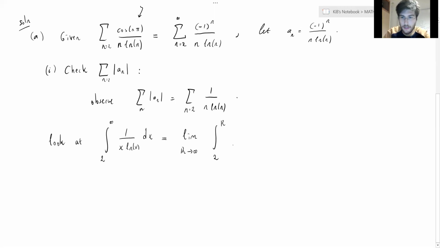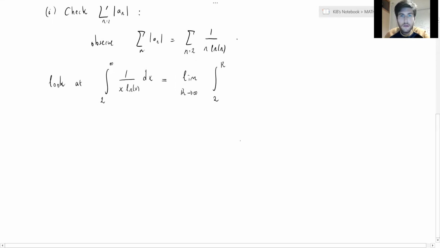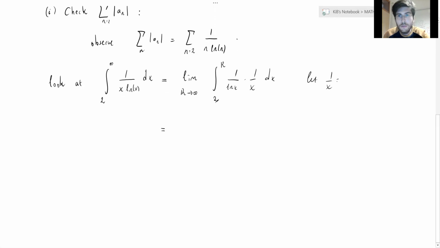So let's try to understand. We have 1 over ln x times 1 over x dx. If you do the substitution, you just let ln x be u, and then you compute the rest, and we end up with limits.